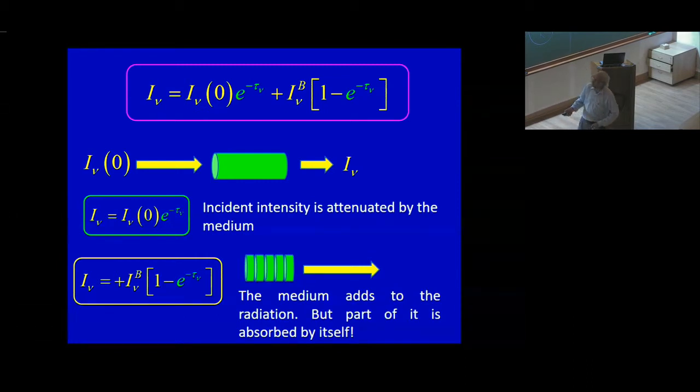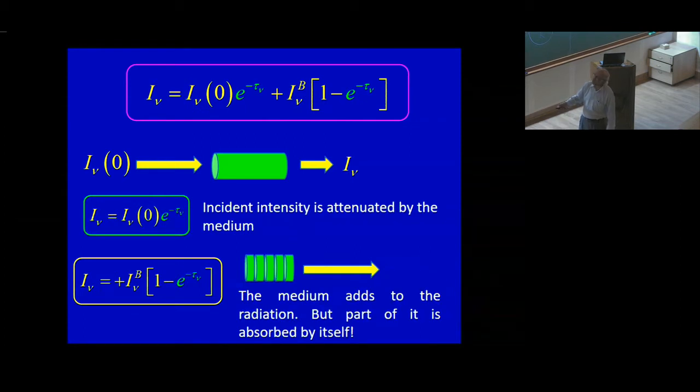But the body is not passive. The body also emits radiation. That is given by I nu B into 1. But the body also absorbs what it emits. The first slab here emits something. The second slab absorbs part of it, but it also emits. The third slab absorbs part of it, it also emits. If you sum the series, you'll get 1 minus e to the power minus tau nu.